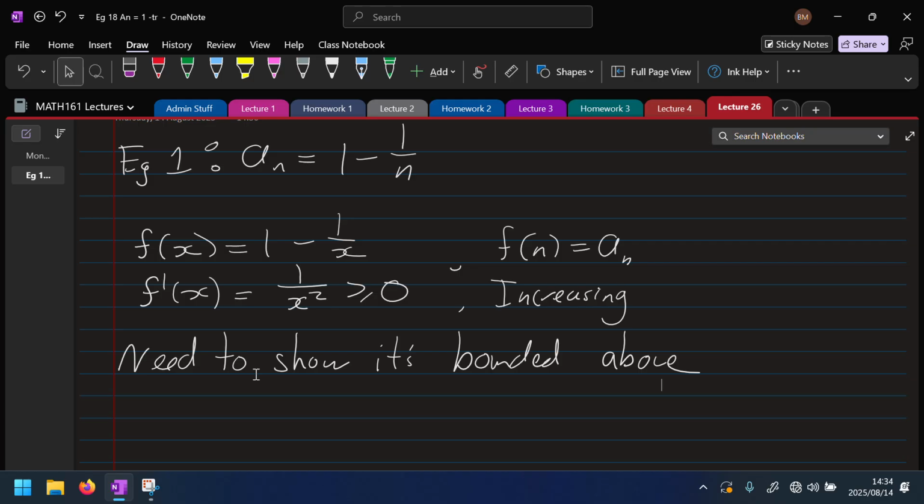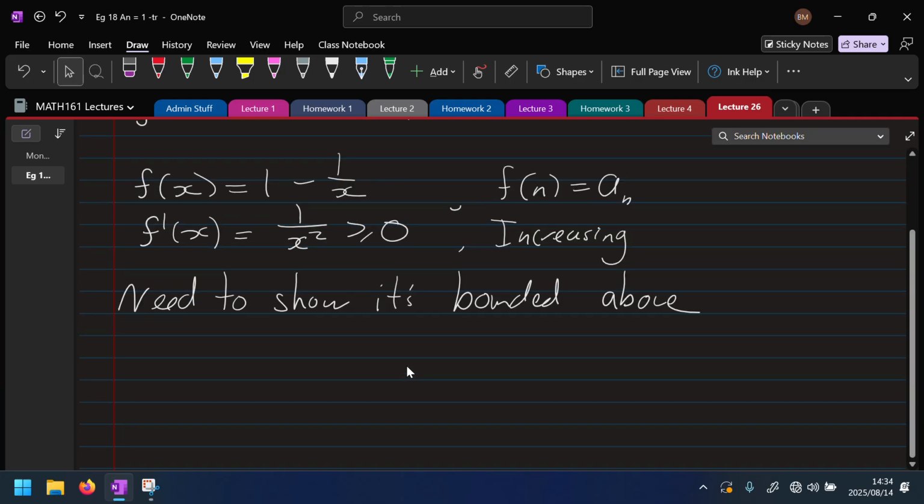So 1 is an upper bound, and 2 is an upper bound. Any other guesses? A half? No, not a half. 4, yeah, anything above 1. You pick any of those numbers, and those will be upper bounds. Let's show it for 1, and then you can try for the other numbers that you guessed. You pick 4 and show that everything is less than 4. If you pick 2, you show that everything is less than 2. You can pick whatever upper bound you want.